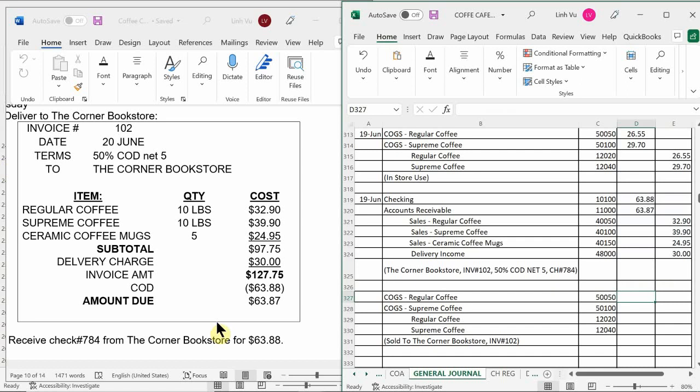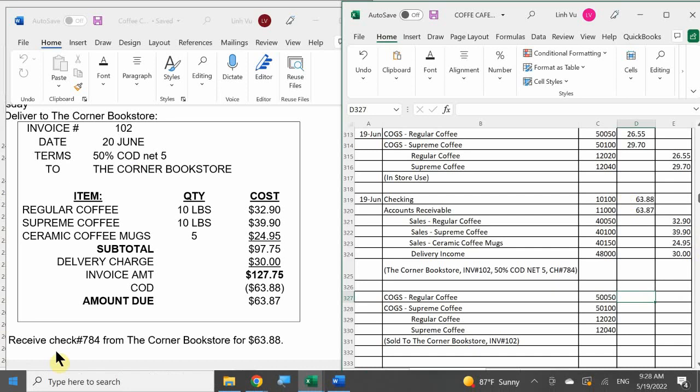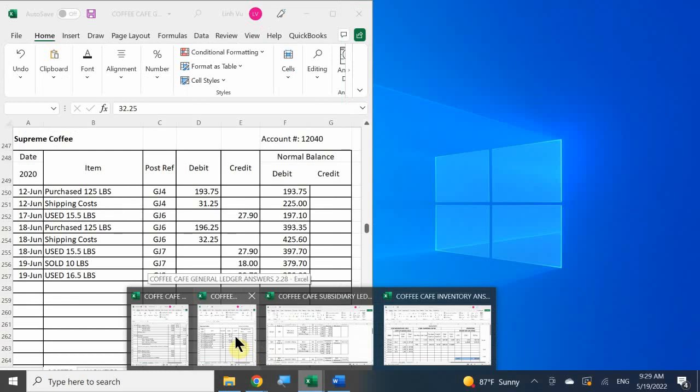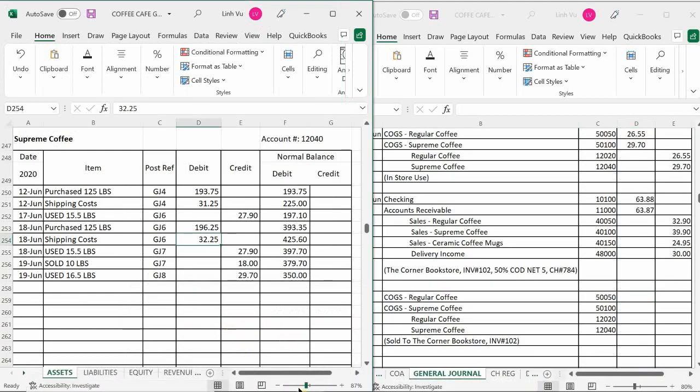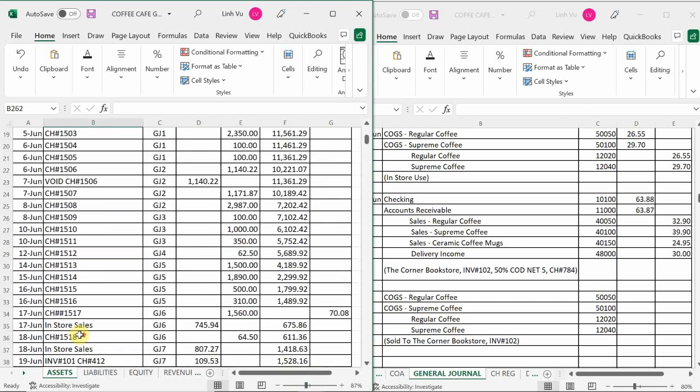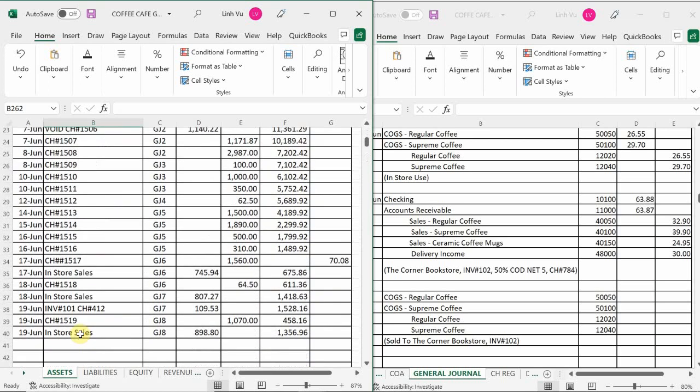So let's go ahead and plug in all those numbers because now I sold something and I also received some money, as well as I have to keep track of the person because now they owe me money. Okay. So starting from my assets, checking is the very first thing here.